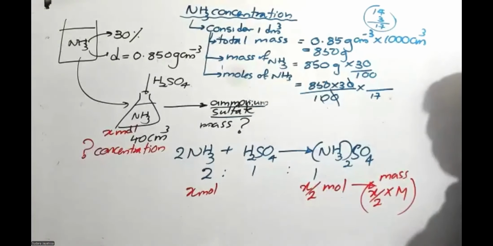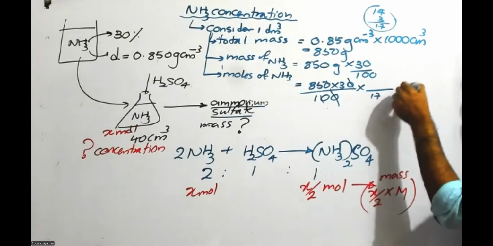You can easily cut these things. So for 85 divided by 17, you get 5, and then 5 into 3, 15.